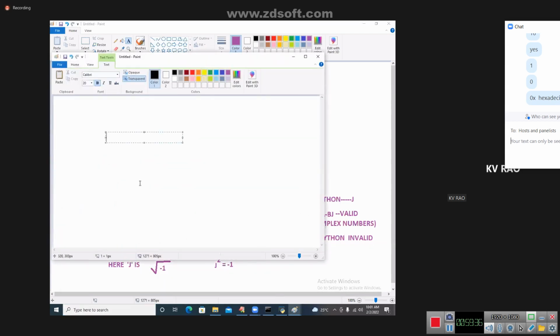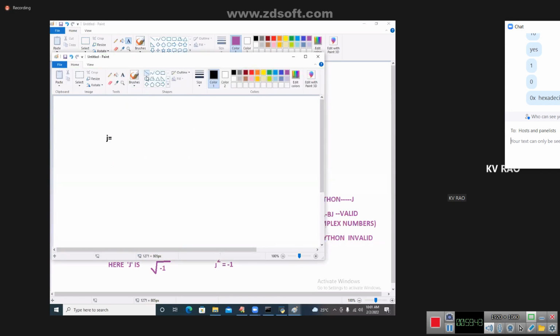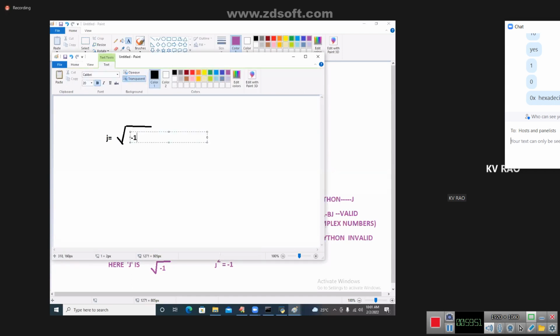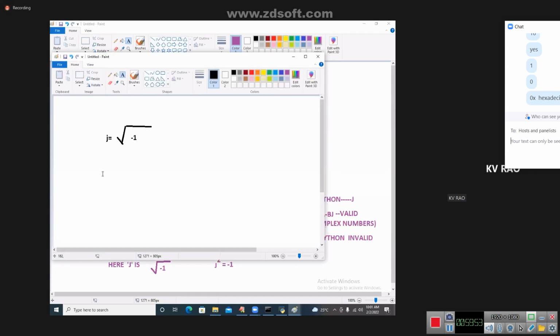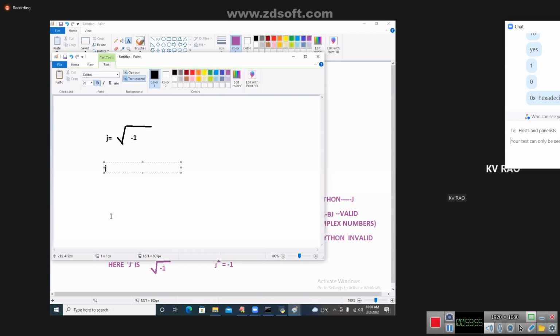See how the things are. One minute. J is equal to, I will explain. Please try to follow once. It is -1. I hope you know mathematics. J square is equal to... Ashwini, I am explaining for you only.